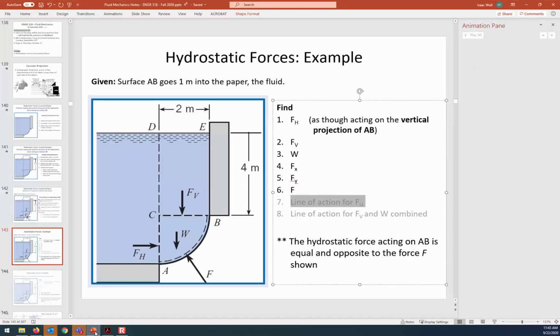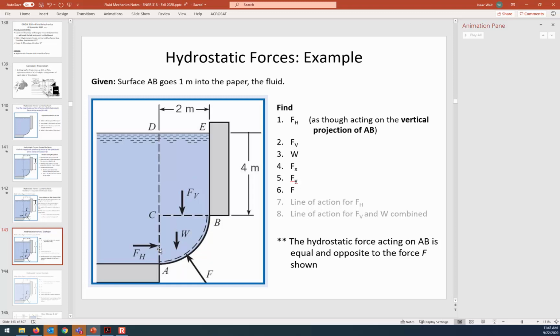All right, so what did we learn in this example? We learned that the resultant force F is the result of the vertical and the horizontal both. And so if you're asking how much of a force is required to hold the gate steady, the magnitude of that external force that must be applied is going to resist both the vertical forces and the horizontal forces.